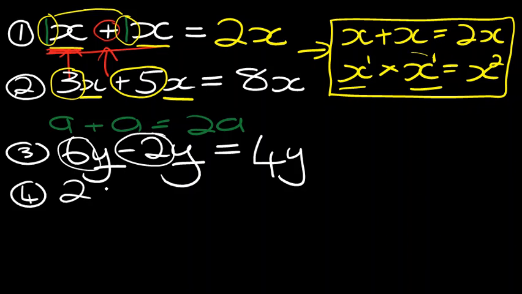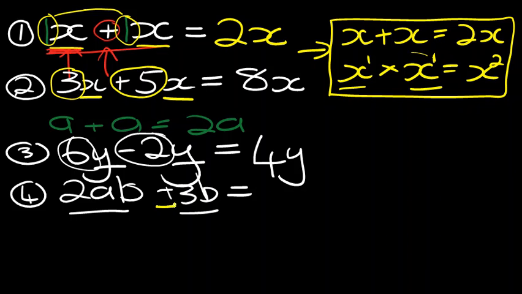Let's say you have 2ab and you have plus 3b. How will we do this? Because now there are two terms. Remember, a term is separated by a plus or a minus. How will you add these terms? Well, you can't add them because they're not like terms. ab is not the same as b.